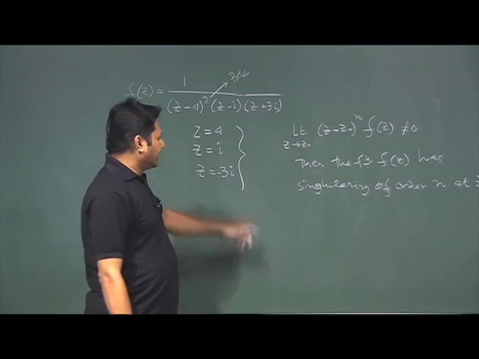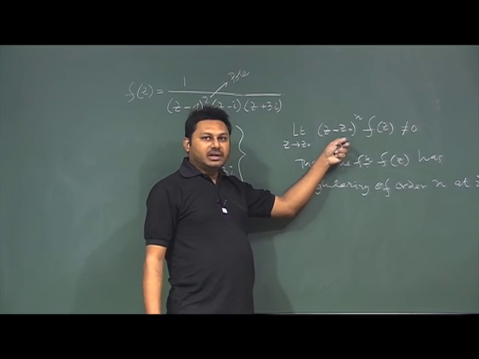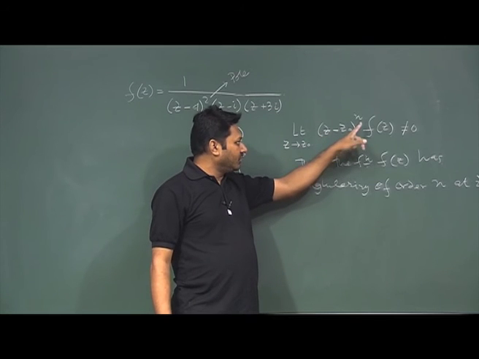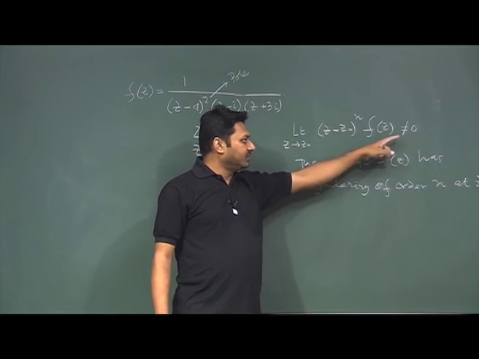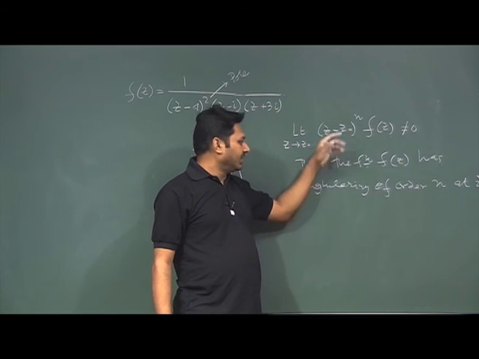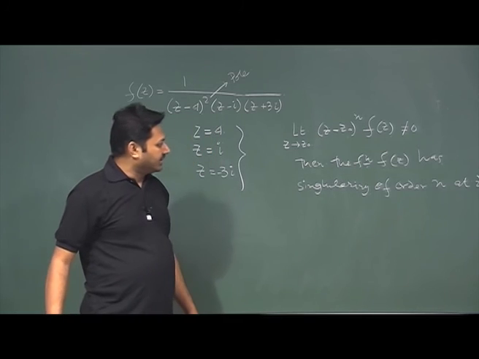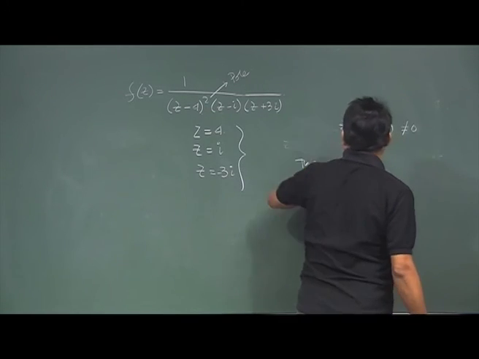So, that means I have a function f(z), and z0 is a singularity I know. I multiply (z minus z0) whole to the power n, and if the limit is not equal to 0, then I can say that at z0 the order of this singularity, the pole of this singularity, is n.